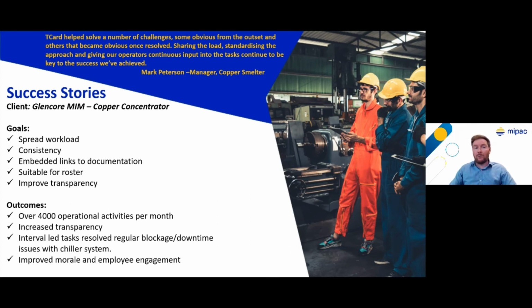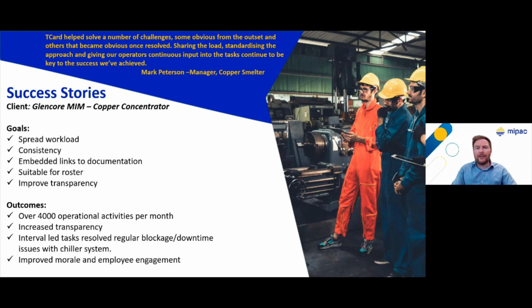And so not only were we able to achieve all of those goals, we had some great outcomes. The site was using up to 4,000 operational tasks per month, and they managed all the tasks on site 24/7 with multiple shifts. What we saw was increased transparency across the board, including identifying additional opportunities to raise work orders and address maintenance issues that may otherwise have gone unnoticed.